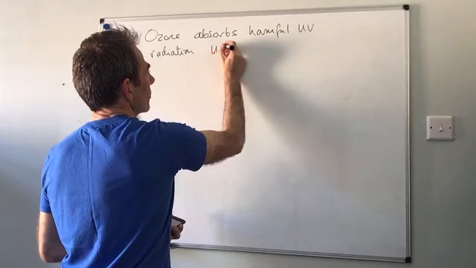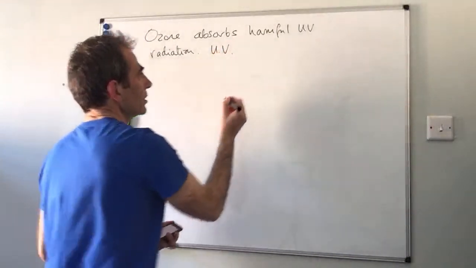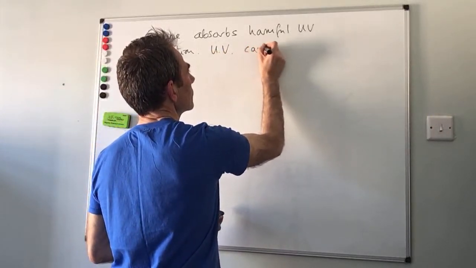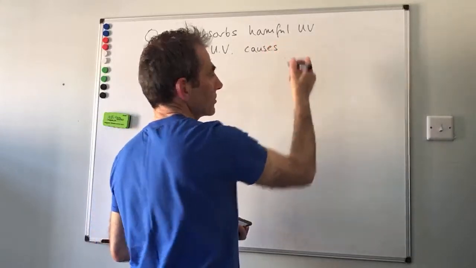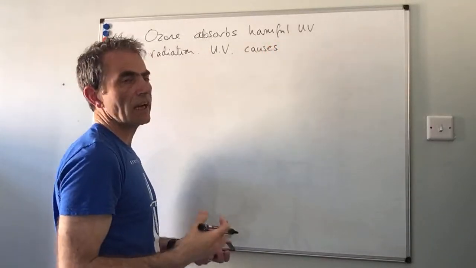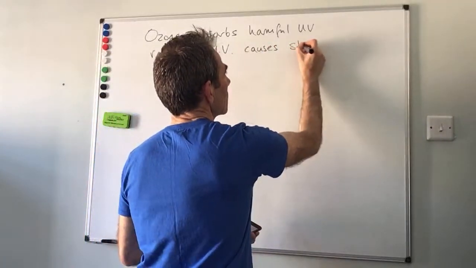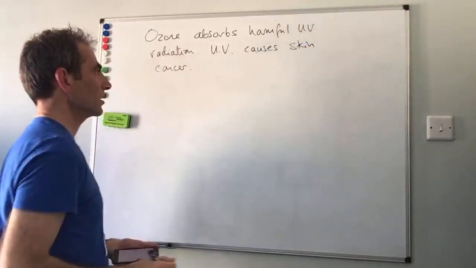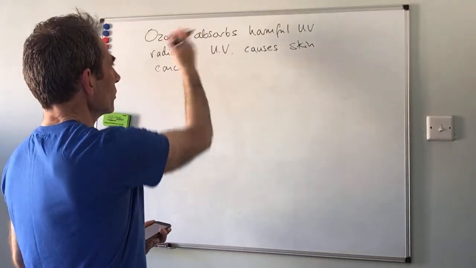And then you could say, well, why is UV radiation harmful to humans? UV causes skin cancer, or you could go into more detail and say genetic damage to cells, or you could just say UV causes skin cancer. So you're clearly saying what ozone does.